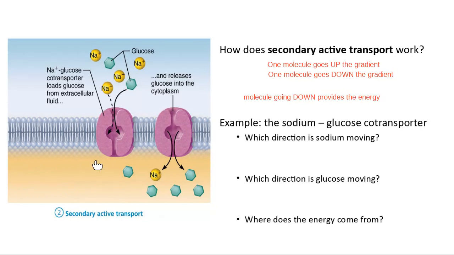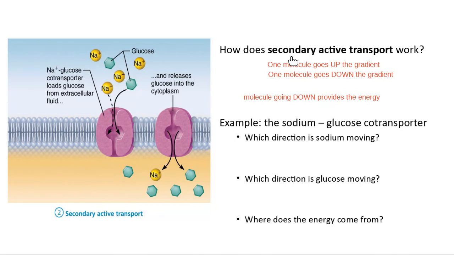As sodium goes down its concentration gradient, where it attaches to its carrier protein over here on the left, there also happens to be a spot where glucose can attach at the same time. When sodium and glucose both attach here, we use the fact that this sodium really badly wants to get inside, and the glucose will sneak in at the same time with it.